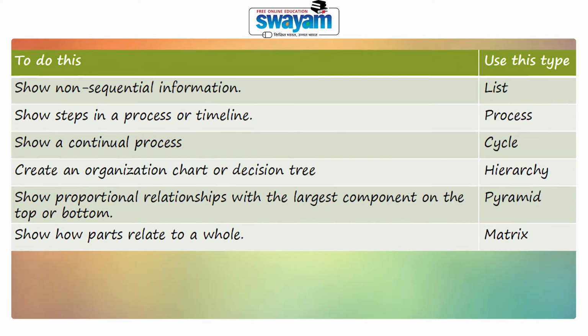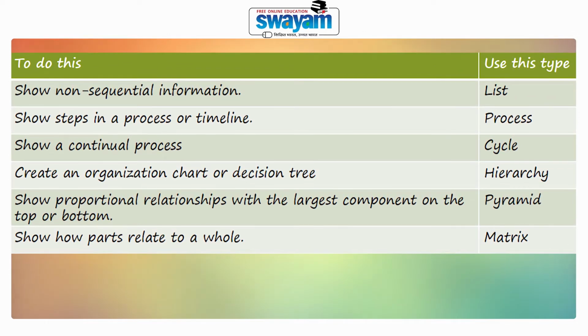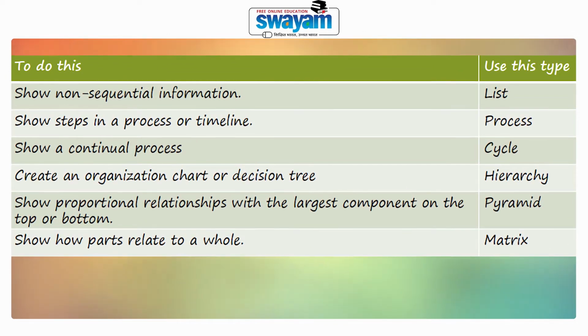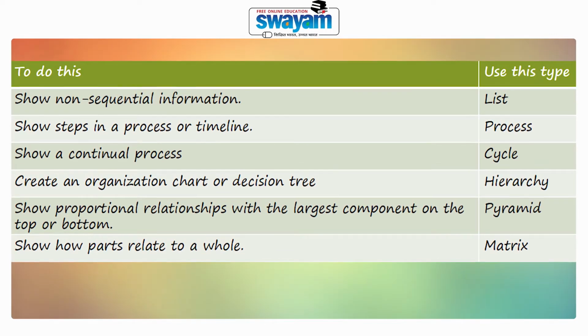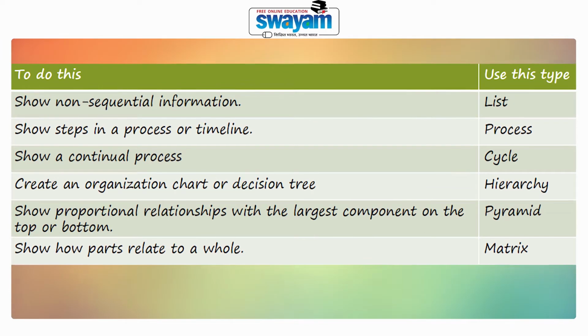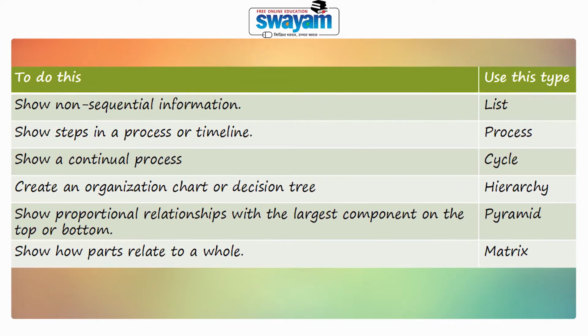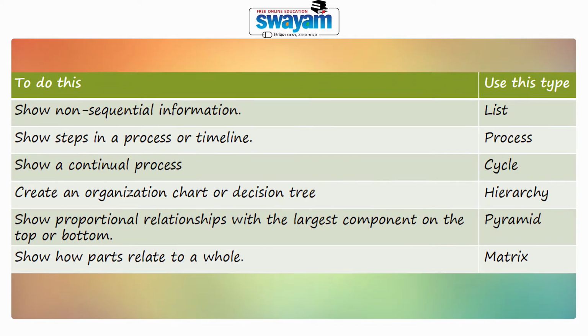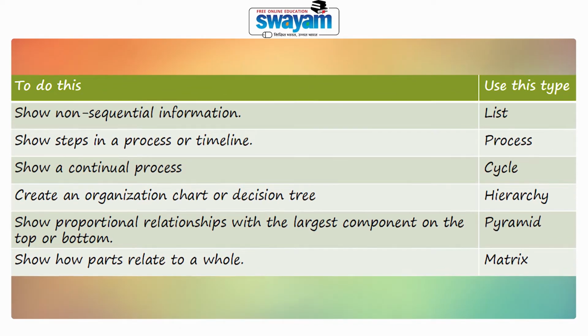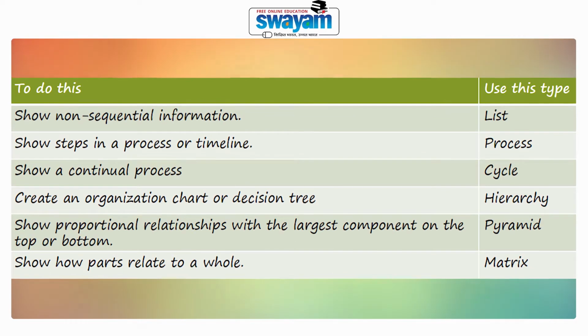To show steps in a process or timeline, we use a process layout. To represent a continual process, we use a cycle layout. To represent an organizational chart or a decision tree, we use a hierarchy layout.